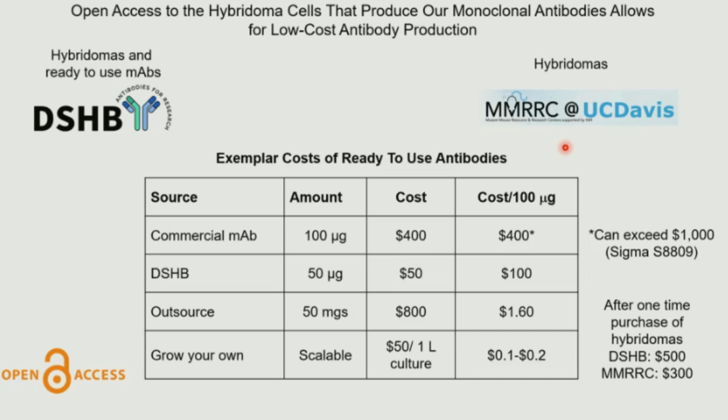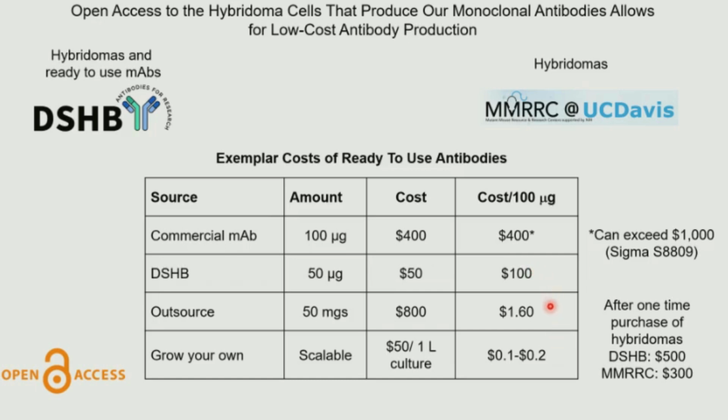So people can obtain the hybridomas, and this really is aimed at lowering the price for antibodies that are used routinely in research labs. A typical antibody price, as we all know, is about $400, although one of the antibodies we made a long time ago that's licensed by my previous university is selling for over $1,000 for 100 micrograms. By making these available through DSHB, we can bring the price down to about $100.